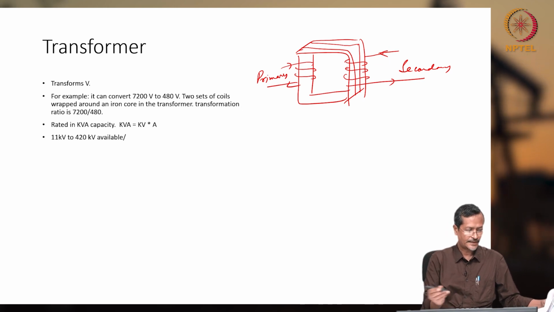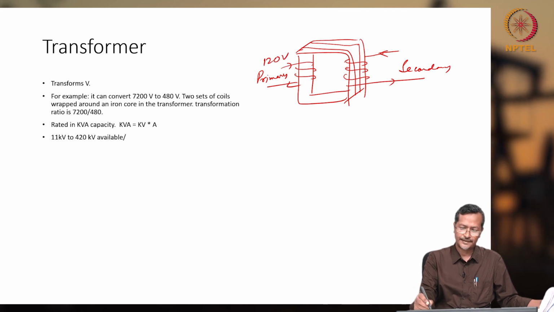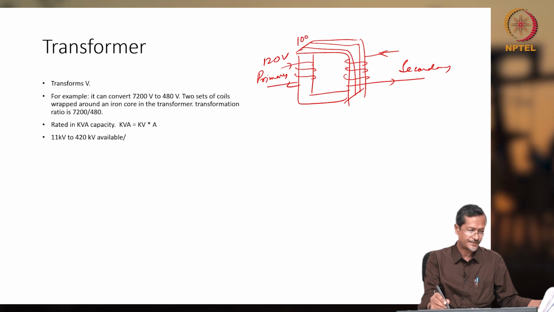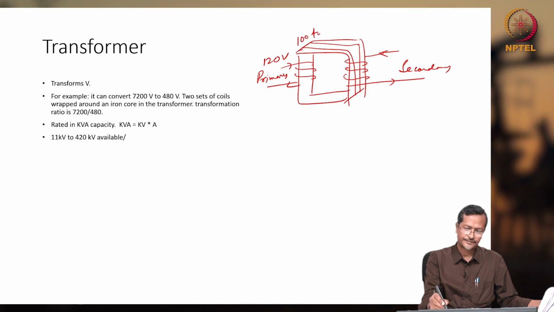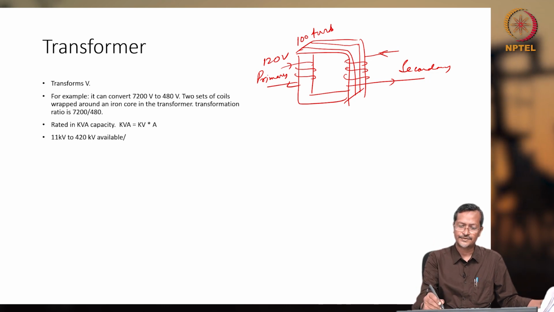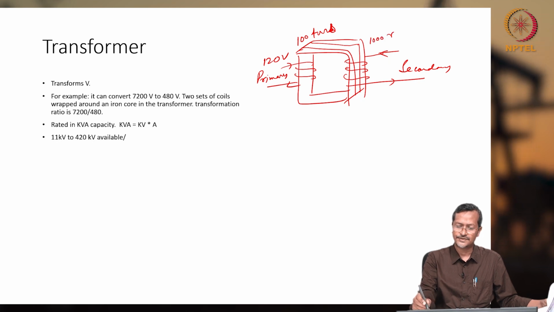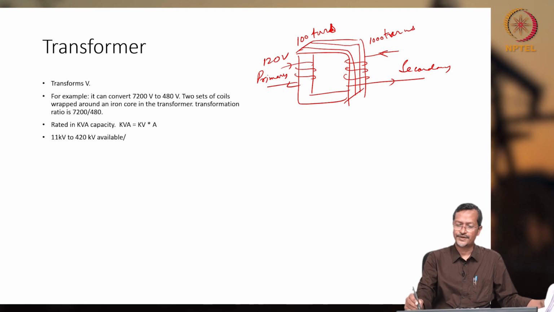Okay. So, if the primary voltage is 120 volt and it has 100 turns, and the secondary has, let us say, 1000 turns, then what will be the voltage here?